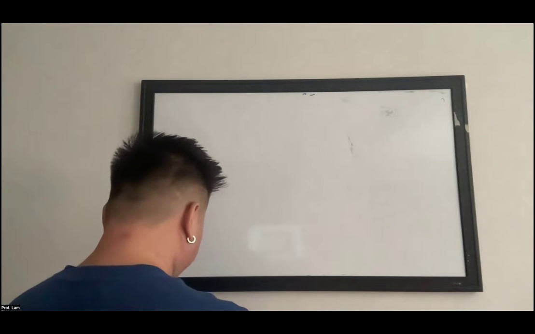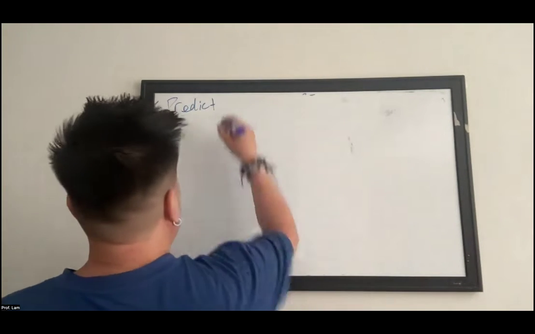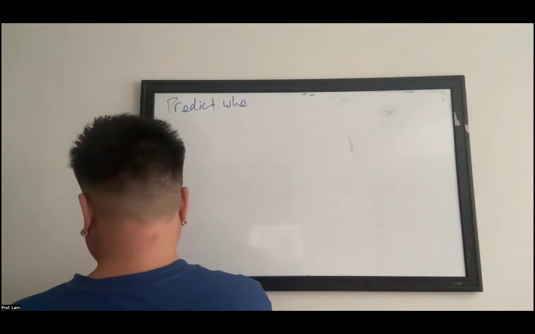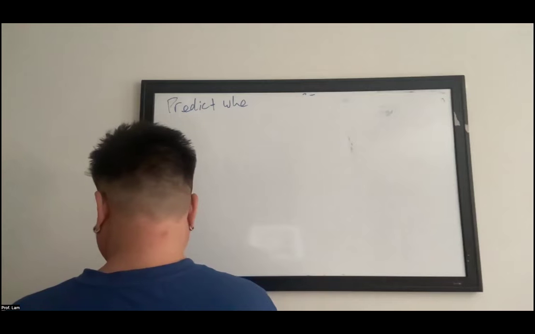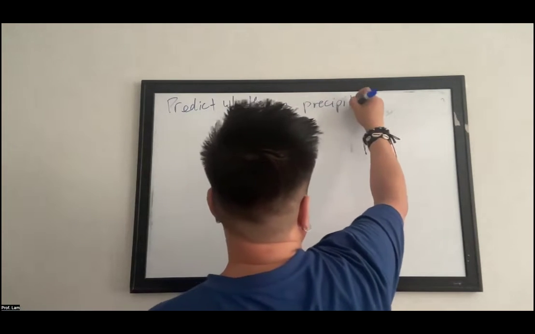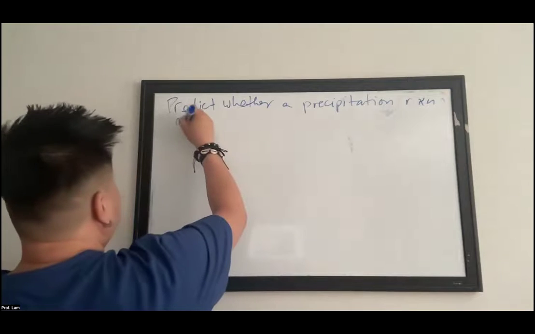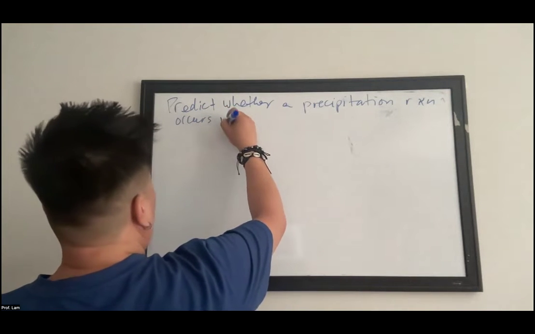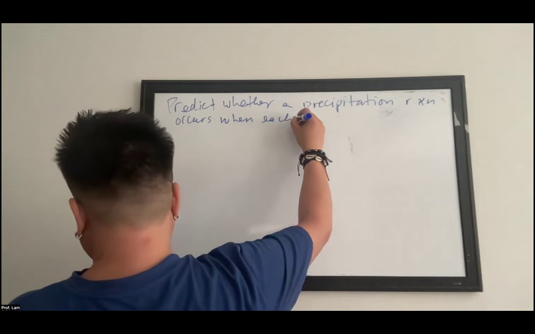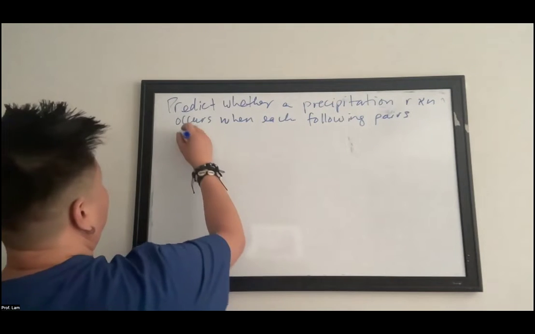So in the homework and exams, you may have a prompt like: predict whether a precipitation reaction occurs when each of the following pairs are mixed.